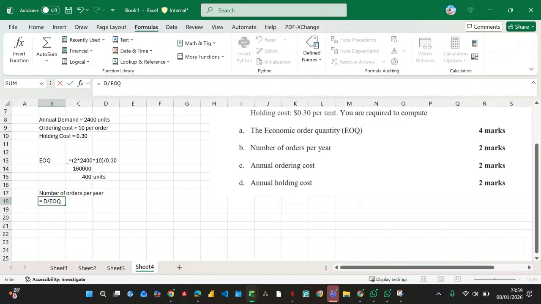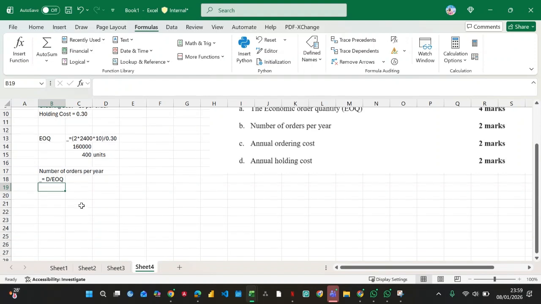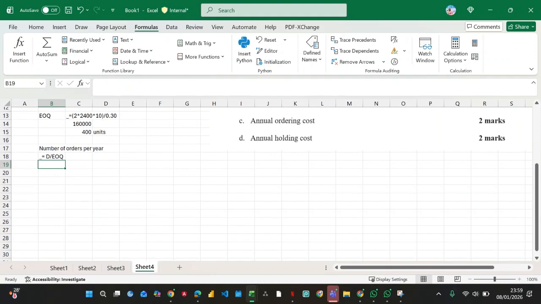The formula for the number of orders per year is D divided by EOQ.